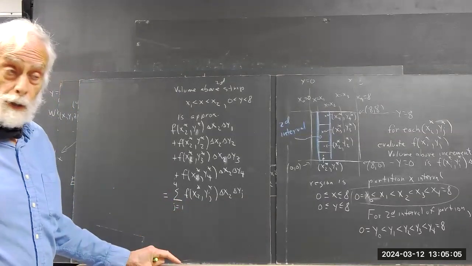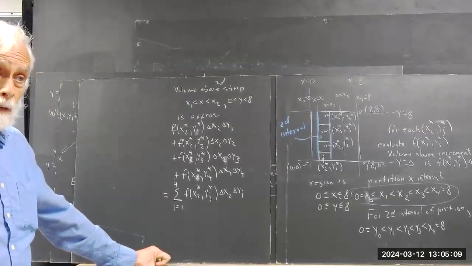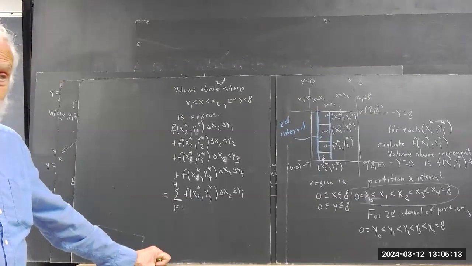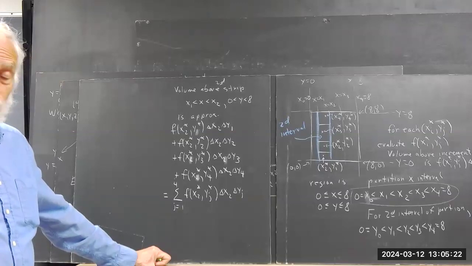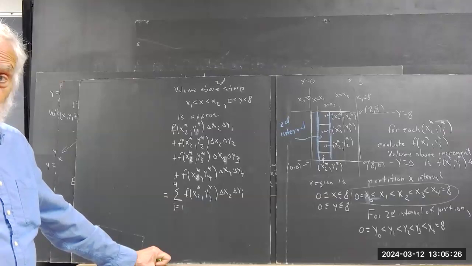Is that a familiar notation? Did you do something like this in your first year calculus course? Okay, so this should invoke something that you at least vaguely remember. Hopefully by the time we're done with this, you remember it really, really well. Okay.